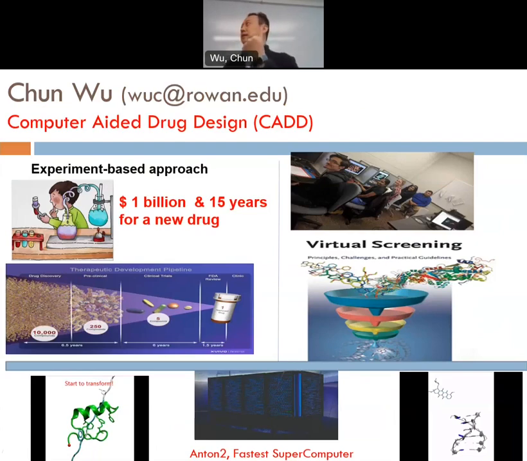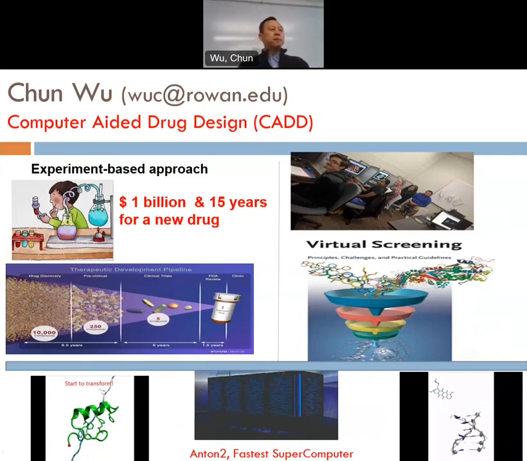We know its sequence. We know its structure. We have the physical understanding of how the drug interacts with the drug target. We use all that information to do virtual screening, and from virtual screening we can get a short list. Out of billions of compounds, we can get 5 or 10 compounds, and then pass that to the wet lab for testing.